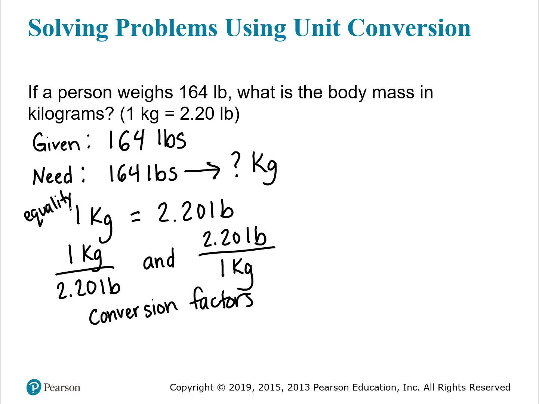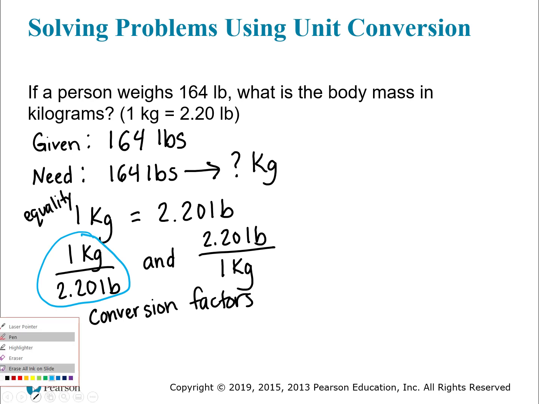Now we need to figure out which conversion factor we need. And we're trying to get from pounds to kilograms. So when we do the math, we're going to need to cancel out the pounds and be left with kilograms. So for that, we're going to want to use the conversion factor that I just circled.